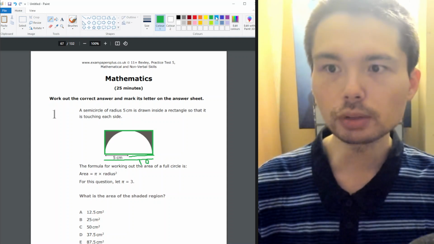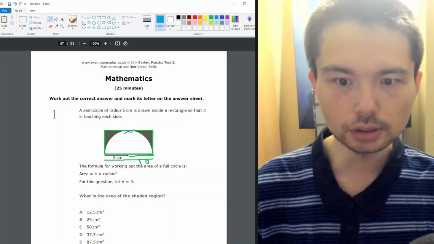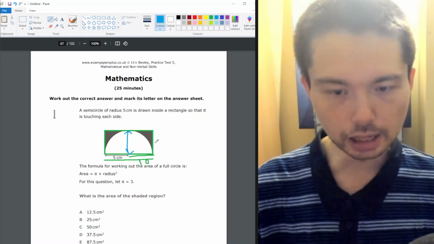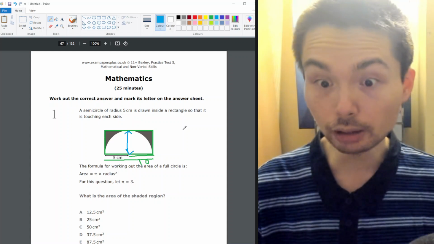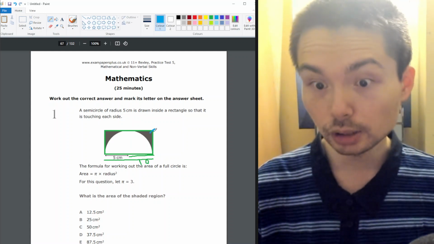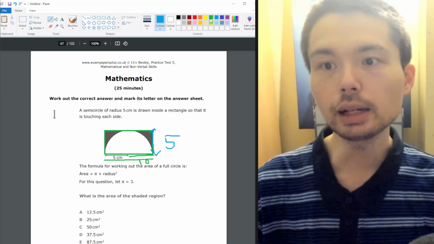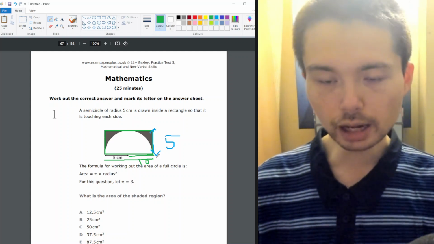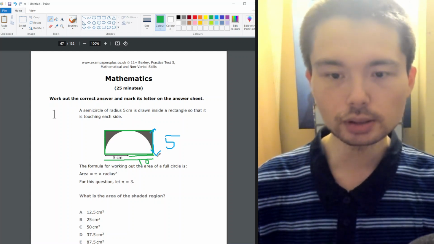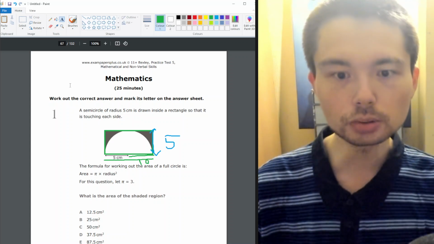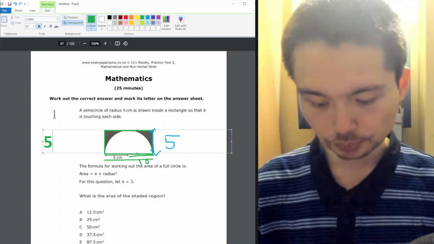Now, because it's a radius, the distance from the center to the edge is the same. So you see that blue arrow? I'm going to remove it and put it there. So what's William doing? He's basically telling us the full area for this rectangle is 10 times 5. It is equal to 50 so far.